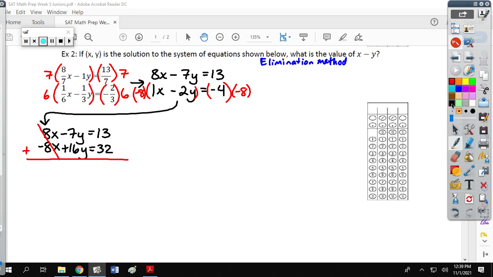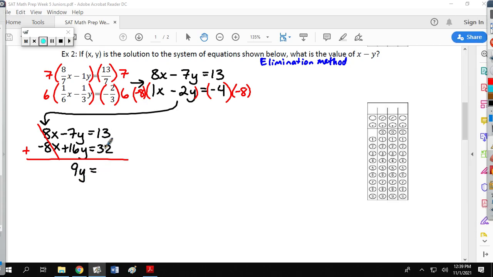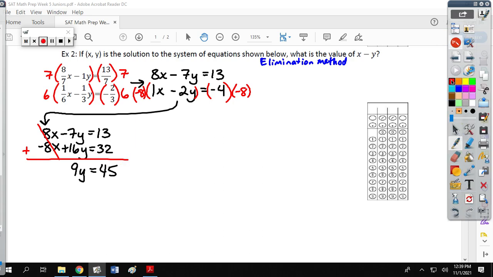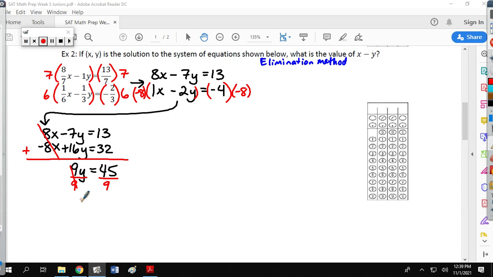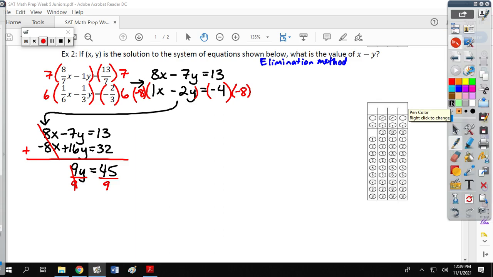That gives me negative 7y plus 16y, which is 9y, equals 13 plus 32, which is 45. This one-step equation can be solved for y by dividing each side by 9, which gives me y equals 5.